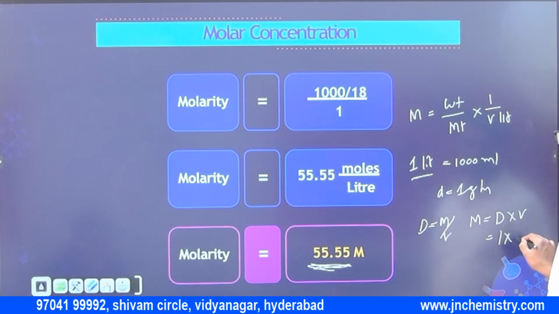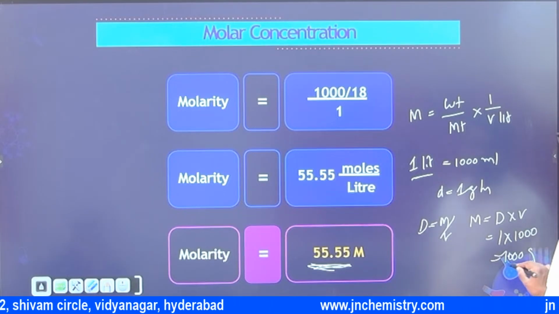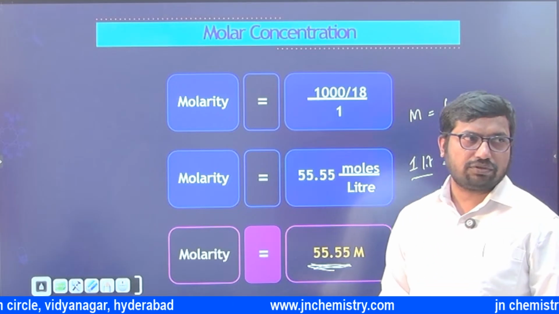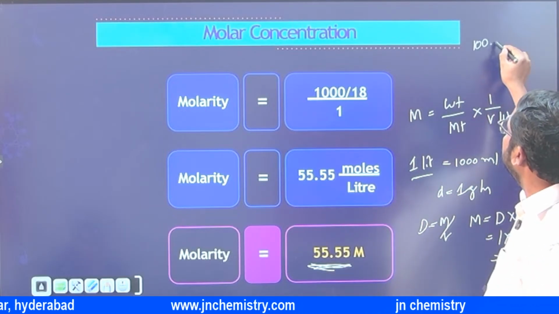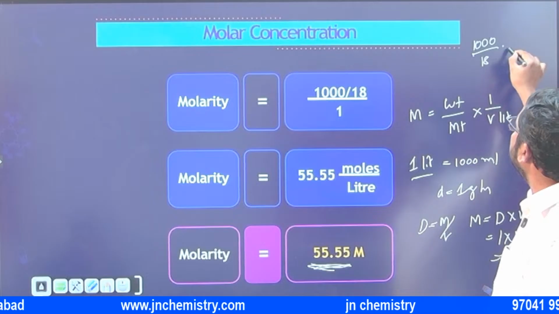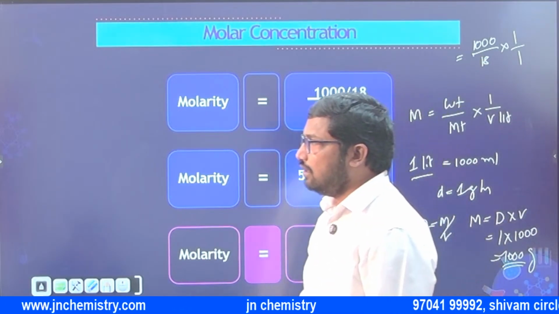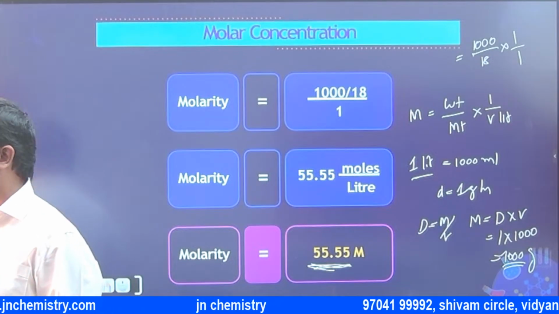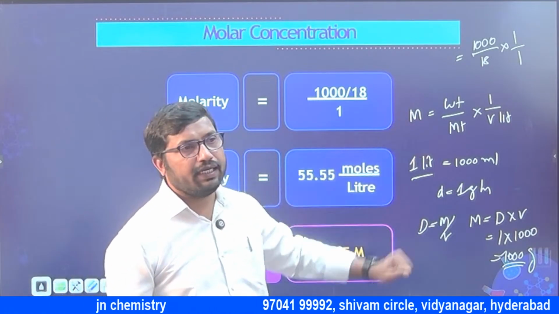Density is 1, volume is 1000 ml, so it is nothing but 1000 grams. We consider 1000 grams and its molecular weight, so 1000 by molecular weight 18 into 1 by 1 is nothing but 55.5. Don't confuse: weight by molecular weight into 1 by V in liters.